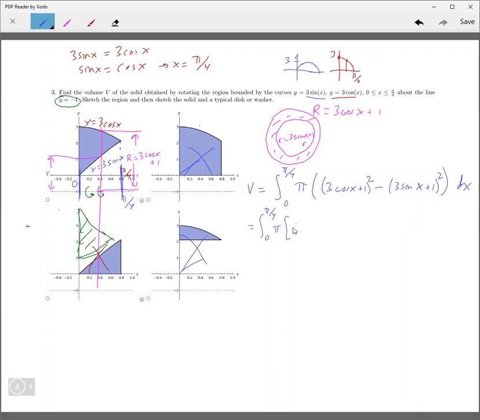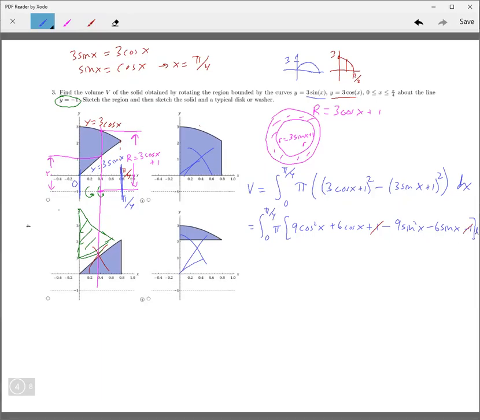Okay, so this is going to be 9 cosine squared x plus 6 cosine x plus 1, and then minus 9 sine squared x minus 6 sine x minus 1. Well, nice, the 1's cancel. Check that out. I'm going to put the dx back on.